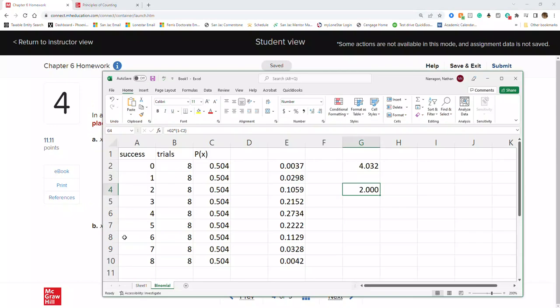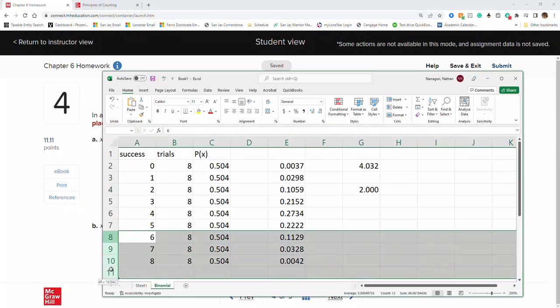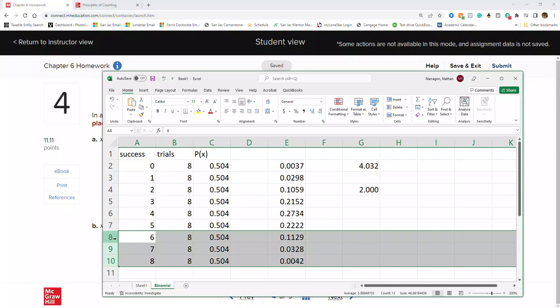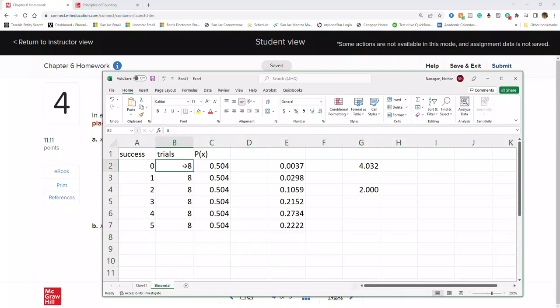If I use my book, we know we're only going to go up to 5 on this. So I'm going to delete these last 3, and input 5, 5, 5, 5.